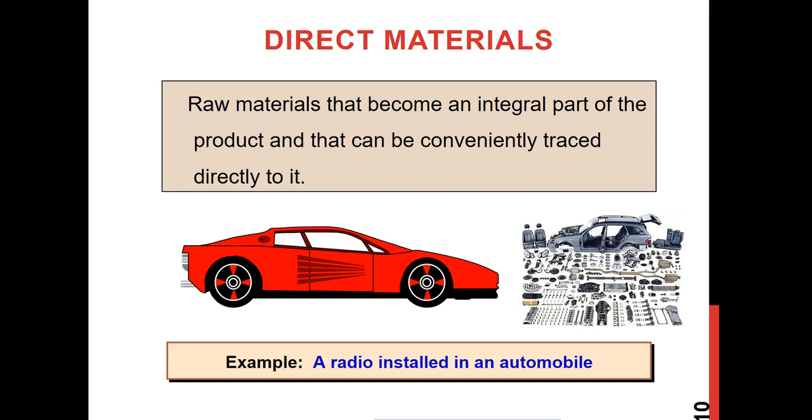So now what could be your direct material cost? I just discussed that to produce a manufacturing car, you need to buy several types of raw materials, right? All these things, nuts, bolts, all these raw materials. It could be a pair of seats, or a radio installed in your car. So the cost related to buying all these raw materials is known as the direct material cost.